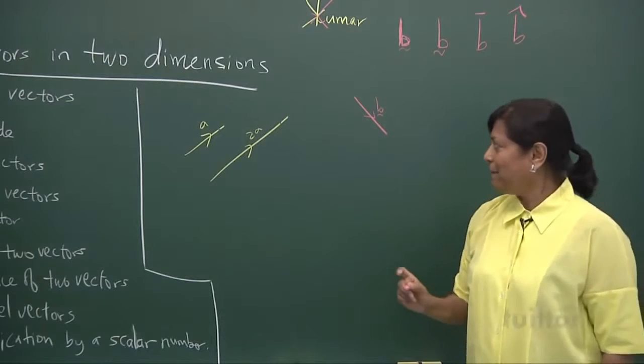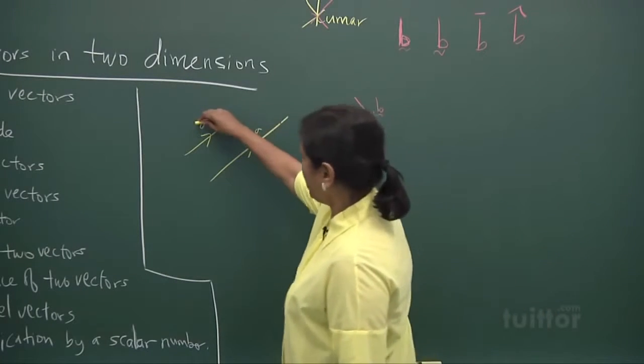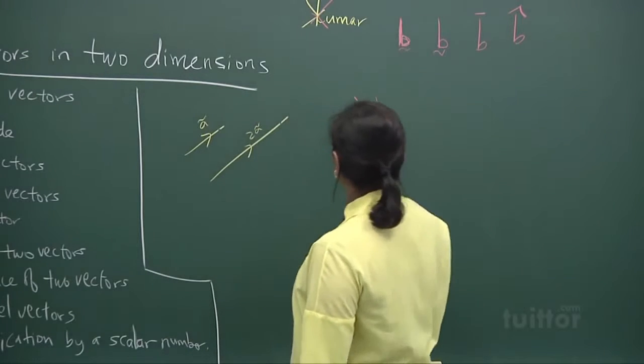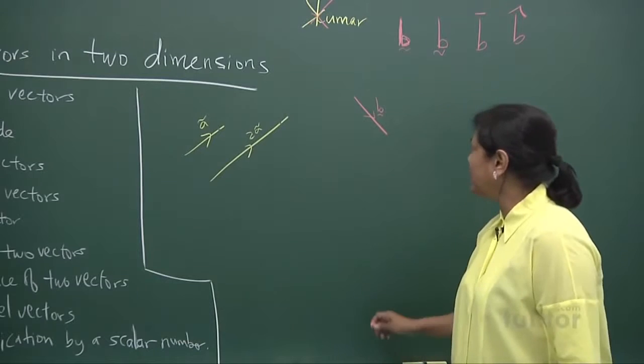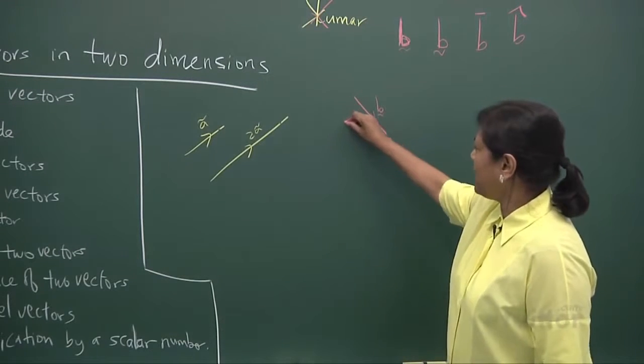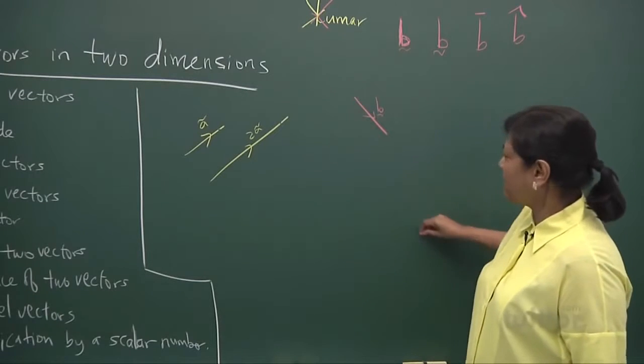Now this is vector B. When I want a vector 2B, what will that be? It'll be a double of it. If I want 3B, it'll be 3 times of it.